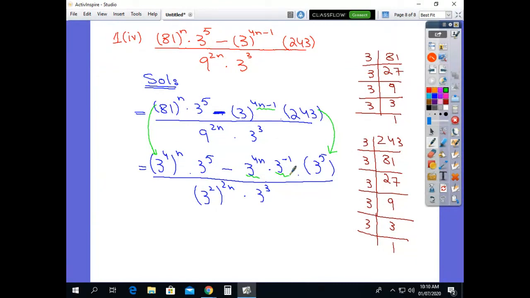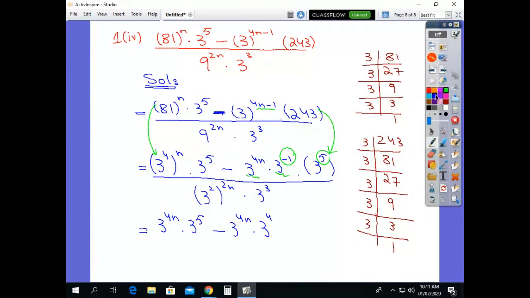Now after simplification, it becomes 3 raised to power 4n and 3 raised to power 5 minus 1, which is 3 raised to power 4. How does it become 4? Because if we add this negative 1 with this positive 5, negative 1 plus 5 becomes 4.